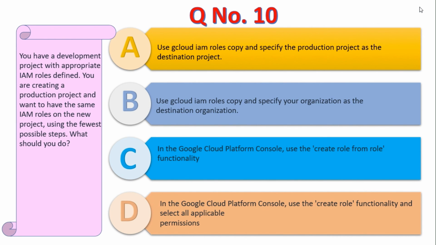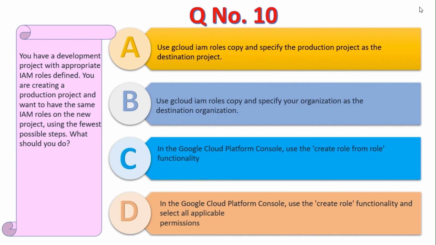Question number 10. You have a development project with appropriate IAM roles defined. You are creating a production project and want to have the same IAM roles on the new project using the fewest possible steps. What should you do? A. Use gcloud iam roles copy and specify the production project as the destination project.